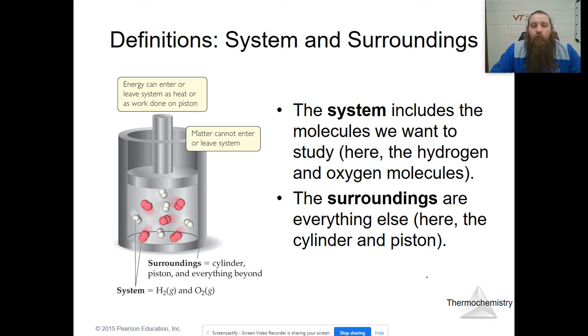The surroundings is going to be everything else not directly in that reaction. So if we're doing the reaction in a beaker, the beaker itself is part of the surroundings, okay? If we're just looking at the net ionic equation, then maybe the solution of water that the ions are suspended in may be part of the surroundings, all right?